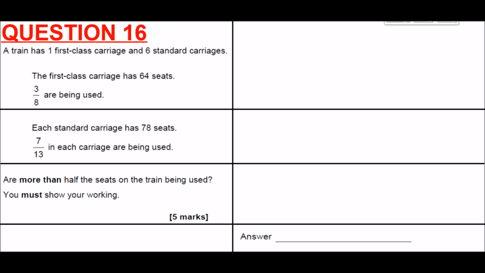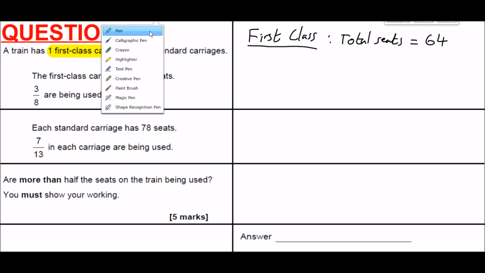And so first thing that's been mentioned is the first class carriages. So there's 1 first class carriage and it's got 64 seats. So for first class, if there's only one carriage, it's got 64 seats. The total number of seats is 64. So 64 first class seats.